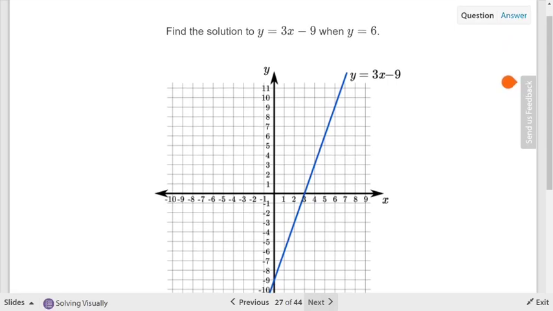So, we can also do it when we're just given an equation and we want to find a specific number. So this one, we want to find the solution to this equation when y is equal to 6. So all I have to do is remember that y equals 6 on the y-axis, where? Up 6, right? So there's the line where y equals 6.